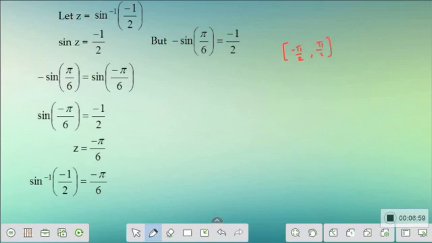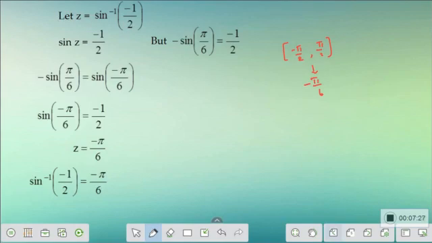So we have to get a value in this closed interval. When I consider sine of minus pi by 6, that is definitely a value in this closed interval. I can see minus pi by 6 lying between minus pi by 2 and pi by 2. Hence, I can rewrite minus of sine pi by 6 as sine of minus pi by 6.